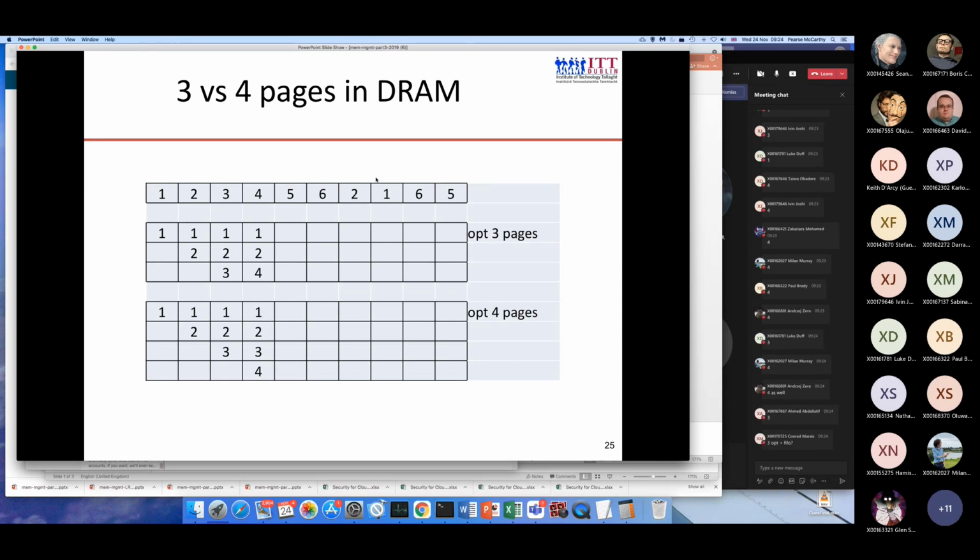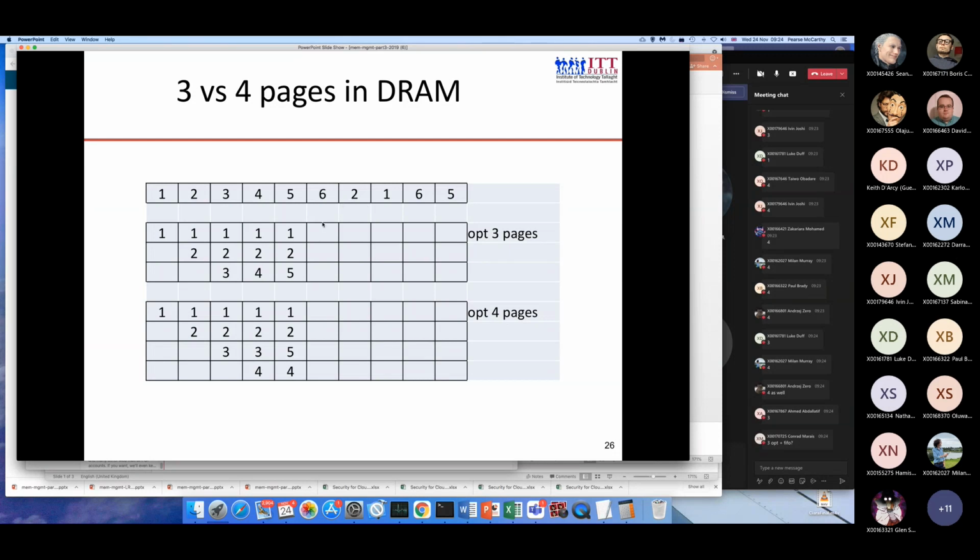And we're definitely not going to get rid of 2 and 1 because we need those. So we have a choice between 3 and 4. And so what you do is you throw out the one that's been in the longest. You revert to FIFO. So 3 has been in the longest, so I'm going to get rid of 3. So the people who said 3 are correct. Be careful with that. Every time you have a choice with optimal, you make that choice based on FIFO, but only when you have a choice.